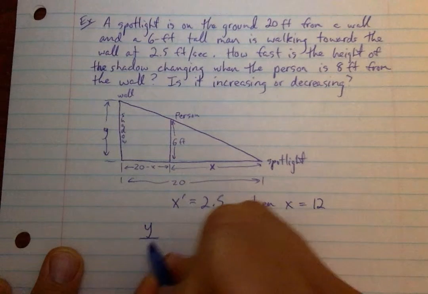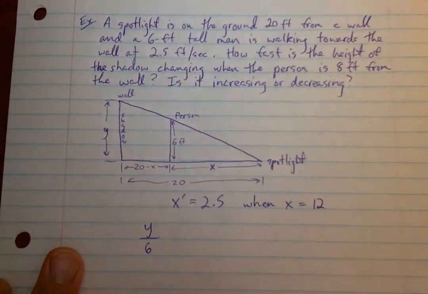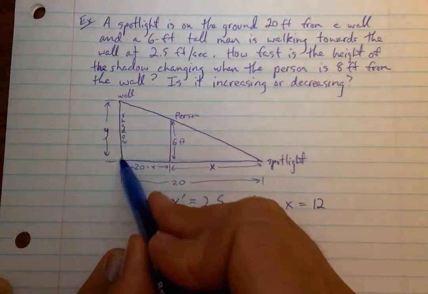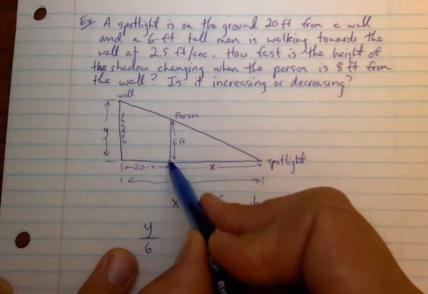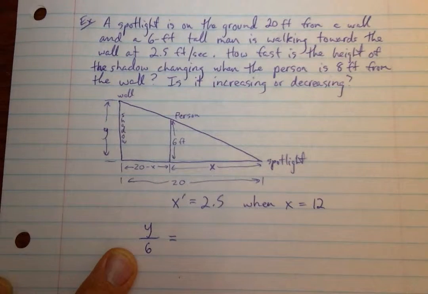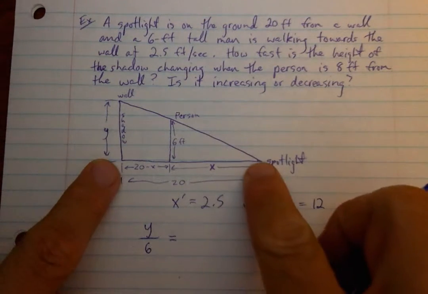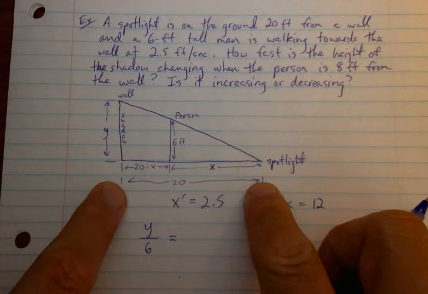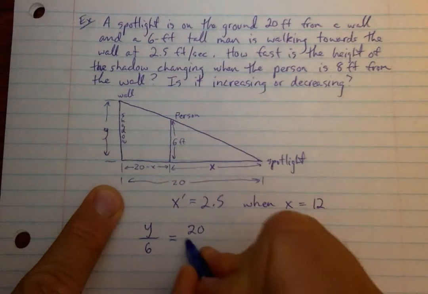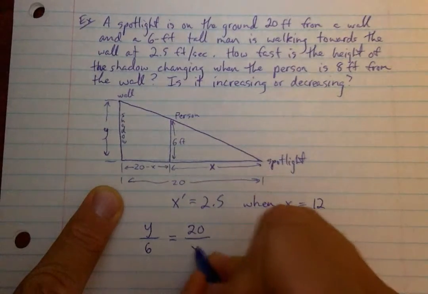Y over 6, that is the proportion of this wall to the height of the guy. What is that going to be equal to? Well, that's going to be equal to this distance, which is 20, over, you might have guessed it, x.